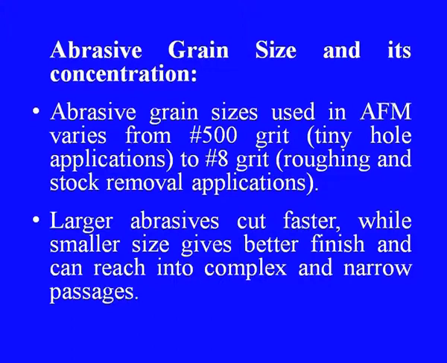Larger abrasives cut faster, as always with abrasive machining processes, while smaller sizes give a better finish and can reach into complex and narrow passages. Generally, for finer finishes, we use finer abrasive materials without bothering about the material removal.